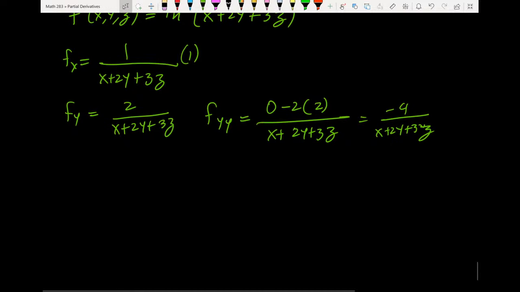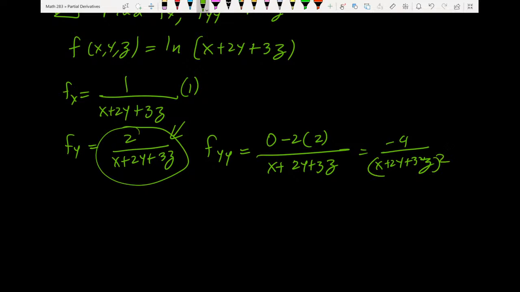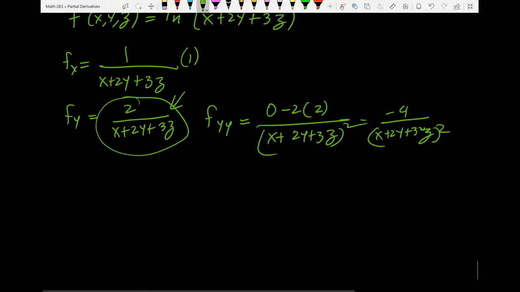Right? First you take the, do you know how we got this? Yes. Then we're just taking the derivative of this with respect to y. And the square of the bottom. It's the quotient rule.